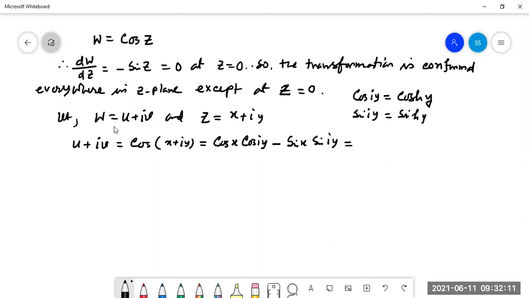Can I explain this, sir? Here it will be I sin hyperbolic y, right? Yes, this one is I sin hyperbolic y.